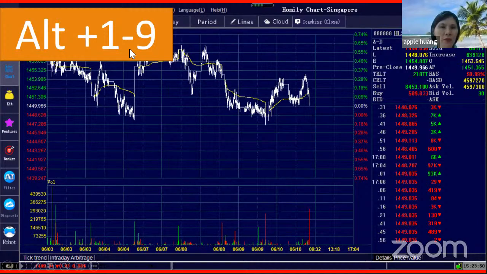The digits mean how many days you want to show on the chart. After you select the number of trading days, those days of tick chart will show on the screen.